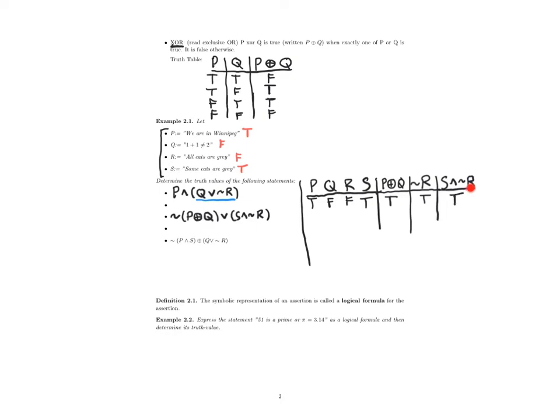Both S and the negation were true, so that means that the combination and statement is true. And we need the negation of that. Or sorry, we don't need the negation of that. My mistake. We need the negation of P exclusive OR Q. Well, P exclusive OR Q was true, so the negation is, of course, false.